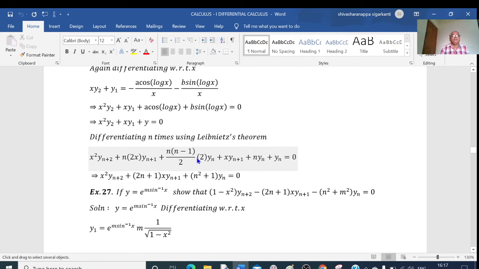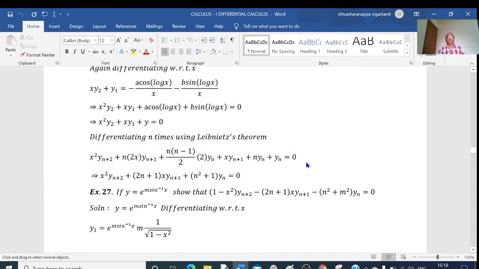And this is the nth derivative of the first term. Plus, coming to the nth derivative of the second term, x as it is, nth derivative of y1 is yn plus 1, plus nc1 is n into derivative of x is 1 into 1 less derivative of this is yn, this ends here, plus nth derivative of y is yn is equal to 0.